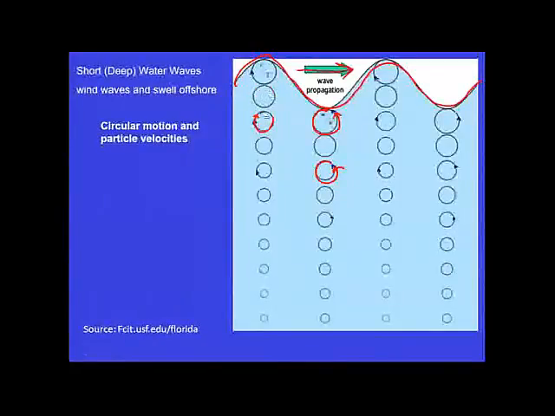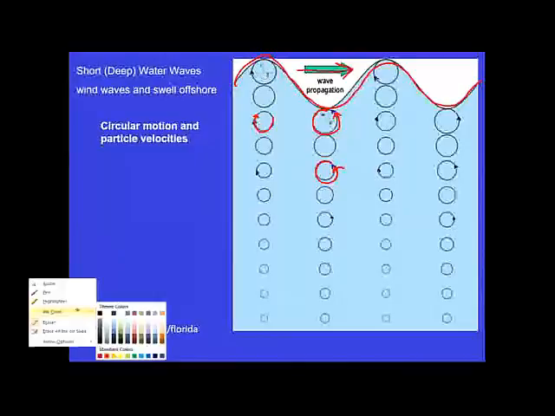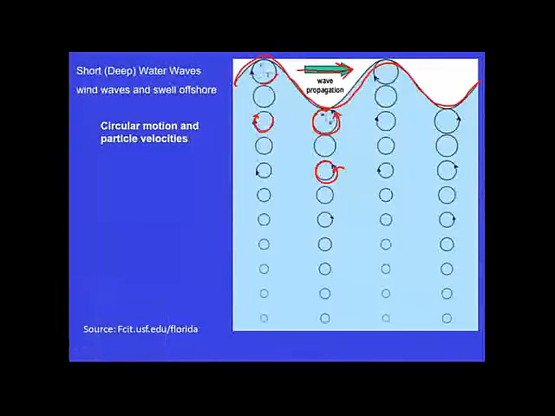So if we look at how the water is moving, right up here at the top, it's moving like that. And here it's moving in the opposite direction. Here it's moving in this direction. So this is how movement is occurring under the wave.